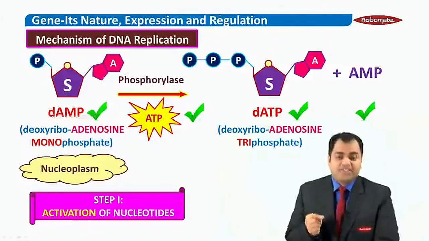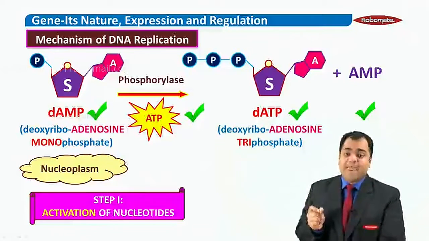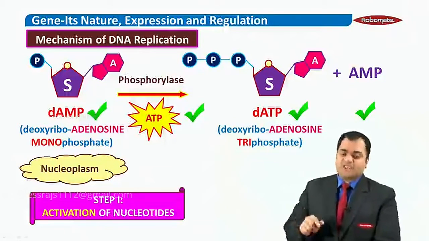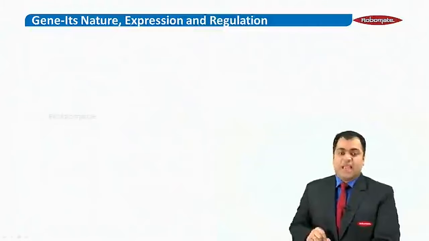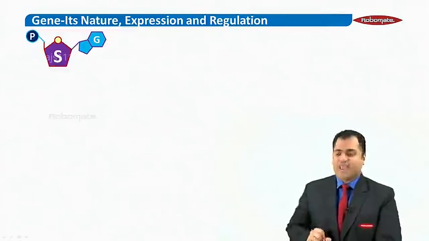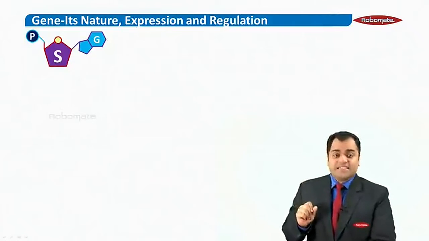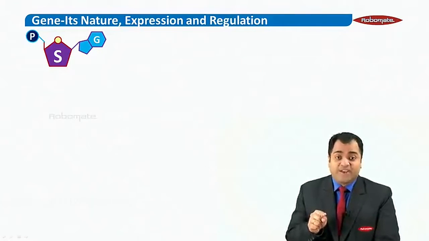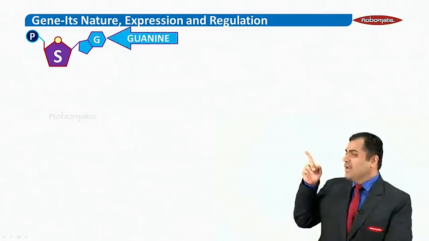Now remember, the DNA molecule has three more types of nucleotides based on the different nitrogen bases. Let us go and activate them also in a similar fashion. Now what do you see here? You see another nucleotide. This time it has another nitrogen base. Can you tell me what the nitrogen base is? You are absolutely right. This one is guanine.